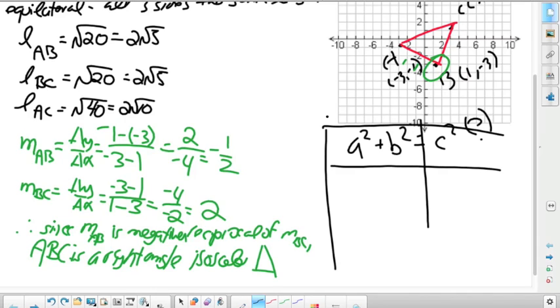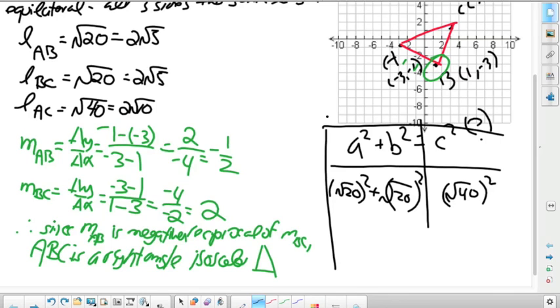So which is the longest side? Well, looking at our values here, it has to be AC, which is 2 root 10. So this is root 40 squared. So my other two sides are root 20 squared plus root 20 squared.